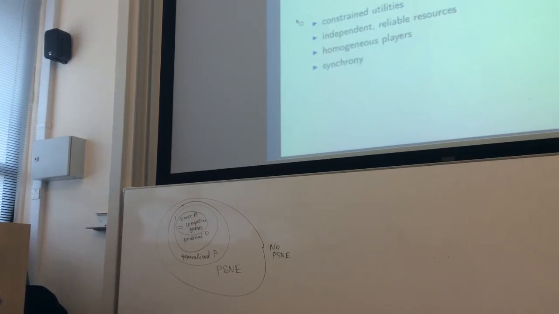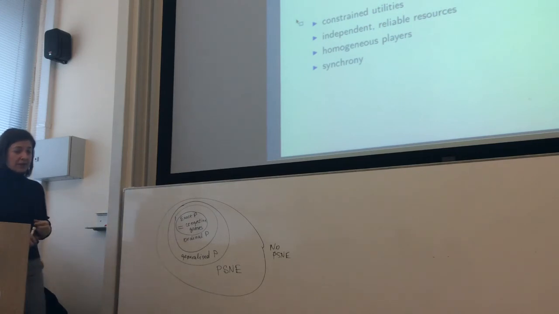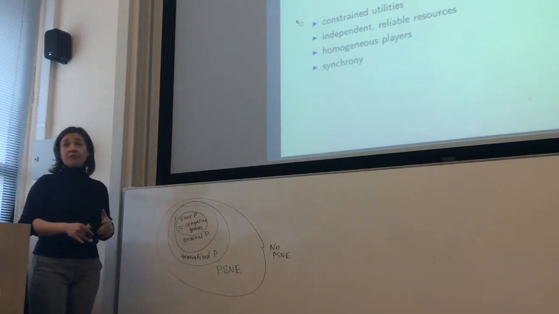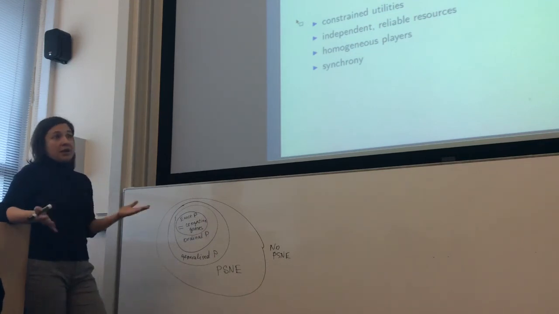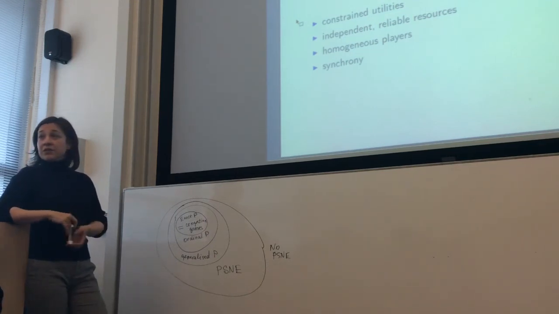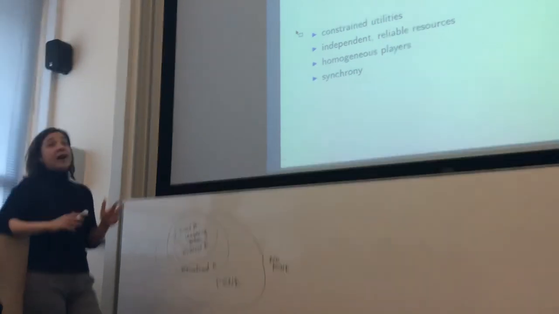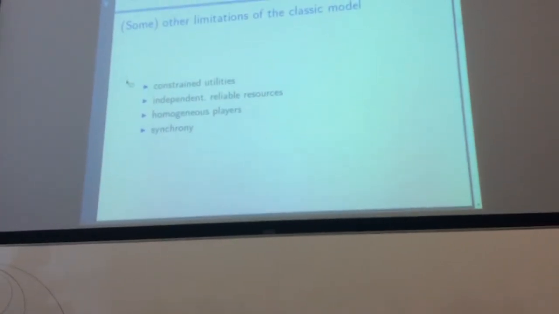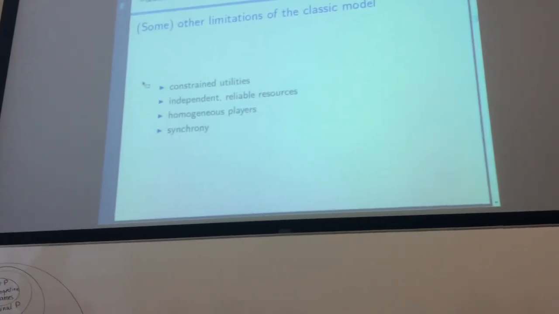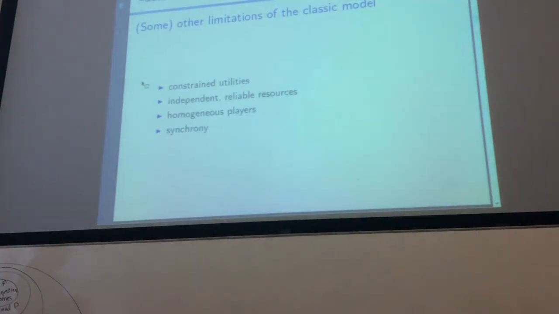What is not nice about them is, even though they do describe many real-life situations, there are some assumptions made in the model that do not fit everywhere. The first of them is the utility. The structure of the utility function is quite constrained.